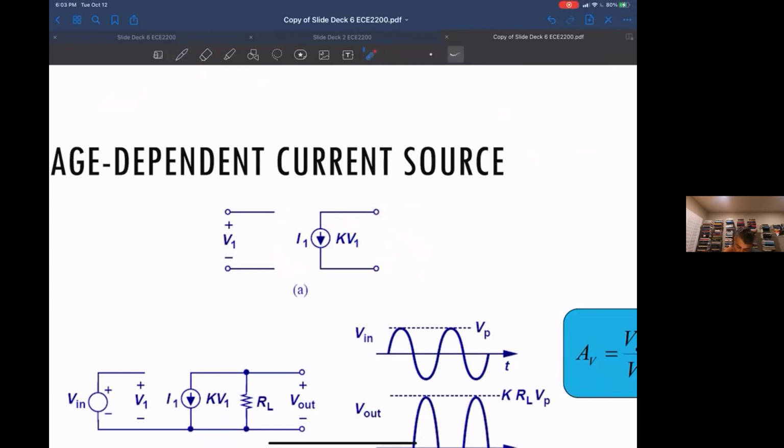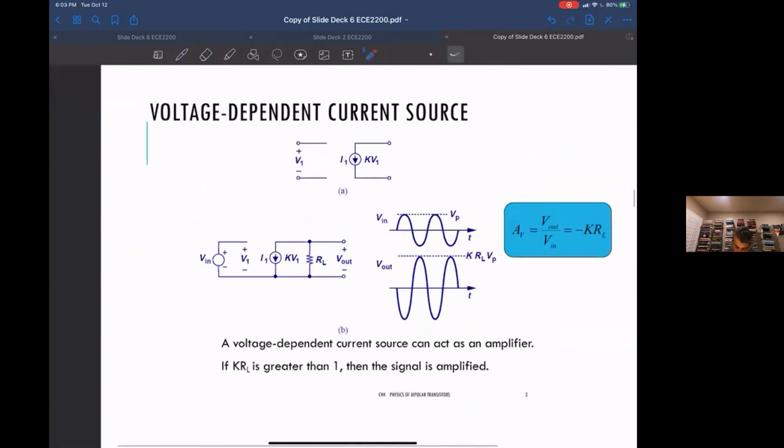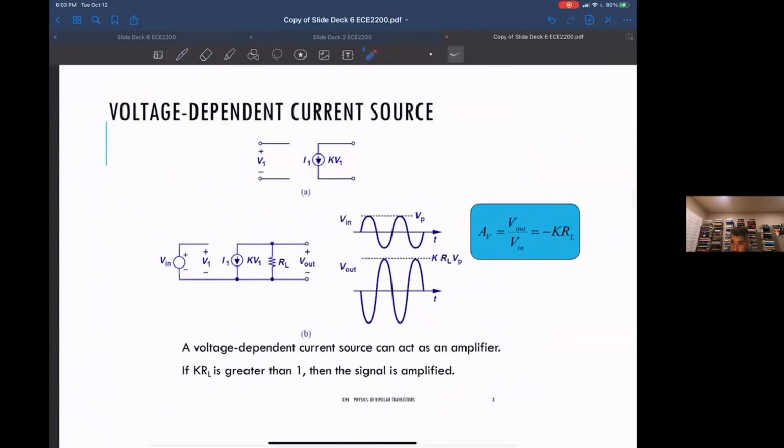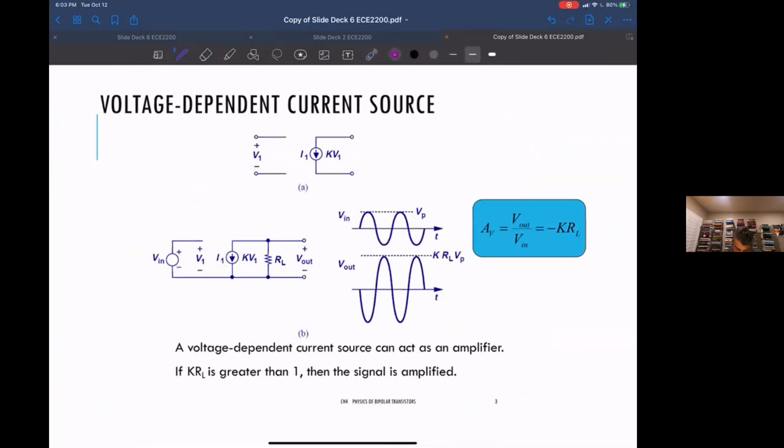It's just looking at this other voltage. So for example, if you put a voltage source across V sub 1, and then I put a resistor here, what would happen?